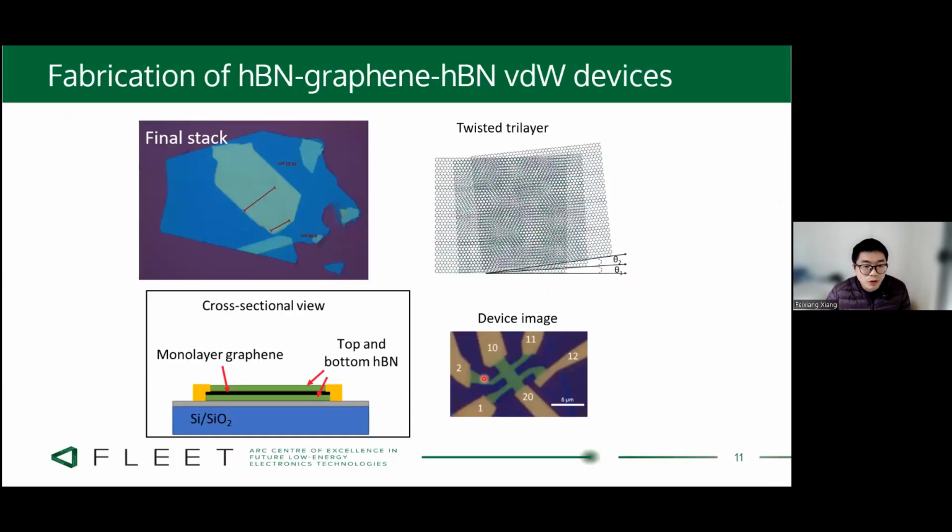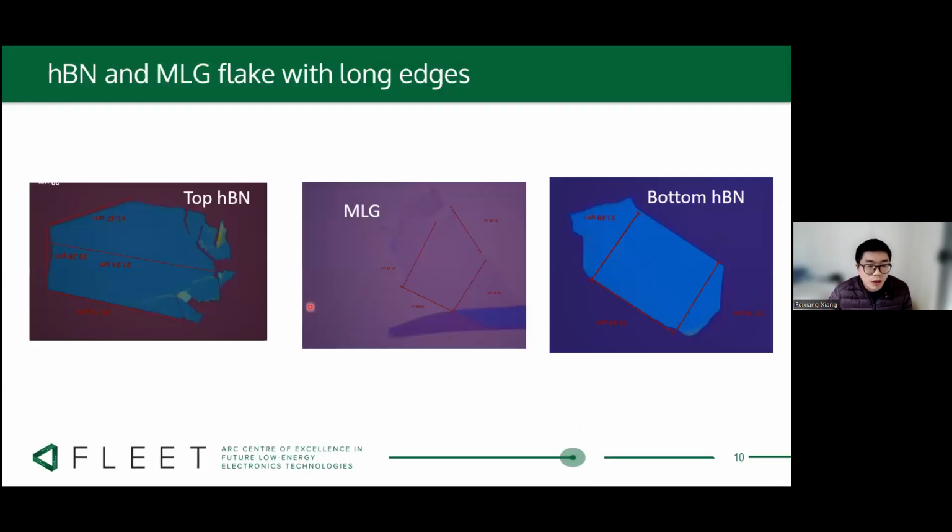First of all, it's very difficult to get very clean 2D flakes, because there are always some polymer residues on the surface, and it's also difficult to get large hBN crystals.